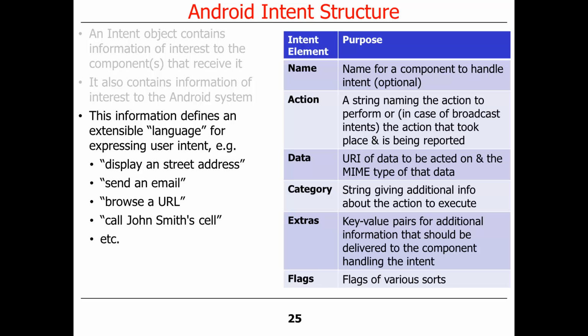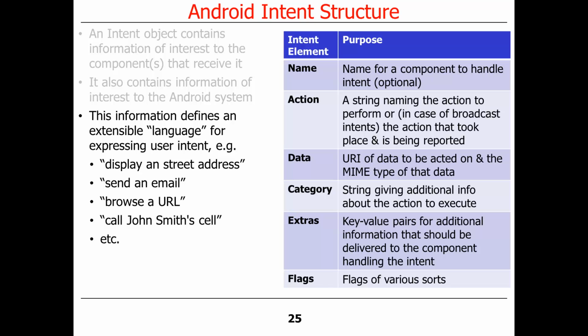Call John Smith's cell. We'll look at an application that works along those lines, where you can pick the user or pick the address from the contacts list, and that is all done automatically. And then you get back the result, and then you can launch a Maps app or launch the dialer to do these things automatically. So there's lots of really cool things that you can do.